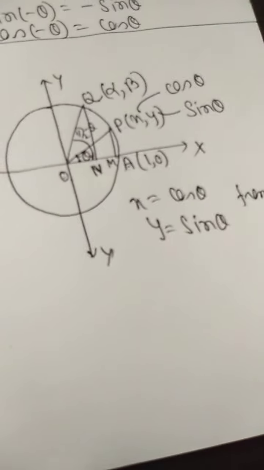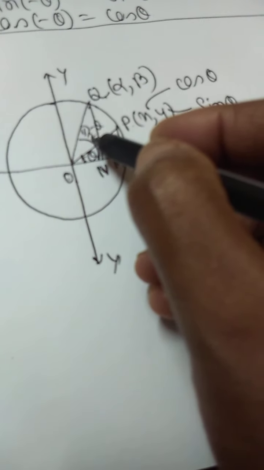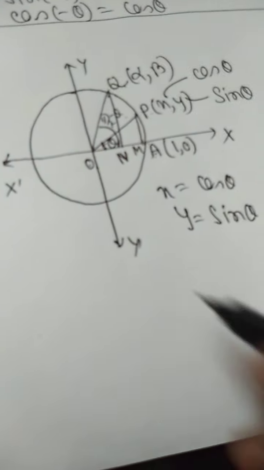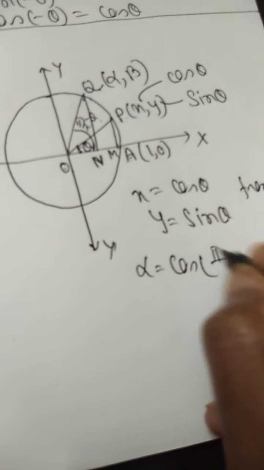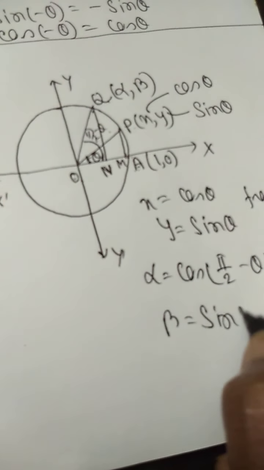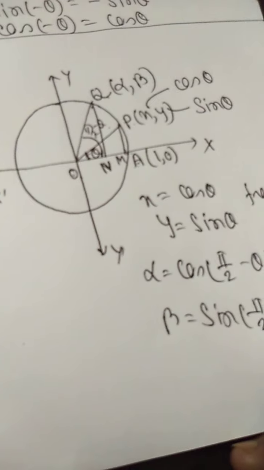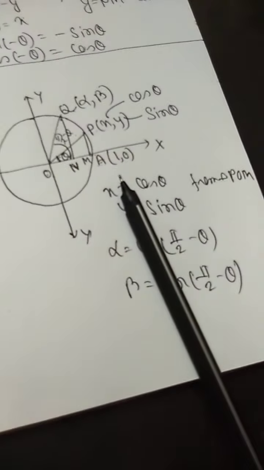Now since the coordinate of Q is alpha, beta and the arc AQ makes an angle pi by 2 minus theta, what is alpha? Alpha is nothing but cos of pi by 2 minus theta, and beta is nothing but sine of pi by 2 minus theta.